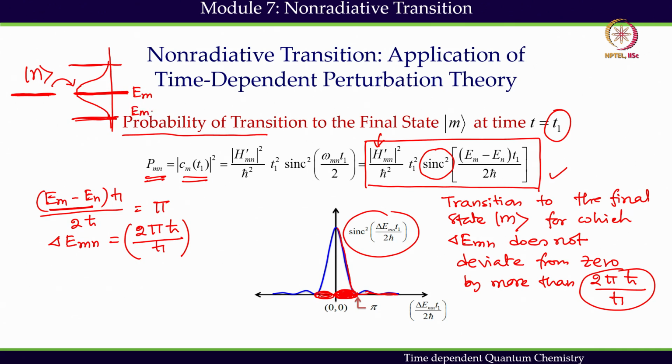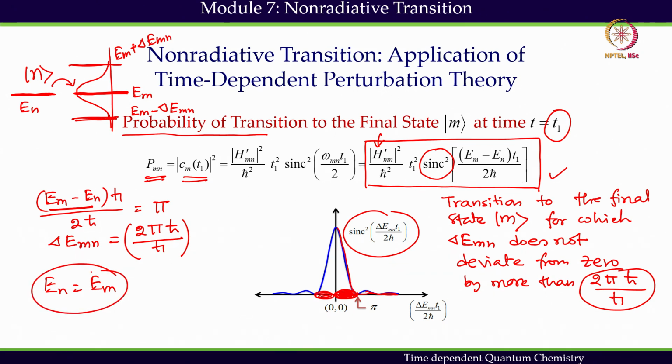Em minus delta Em or plus Em plus delta E mn, within this range, where we are assuming that En equals Em.